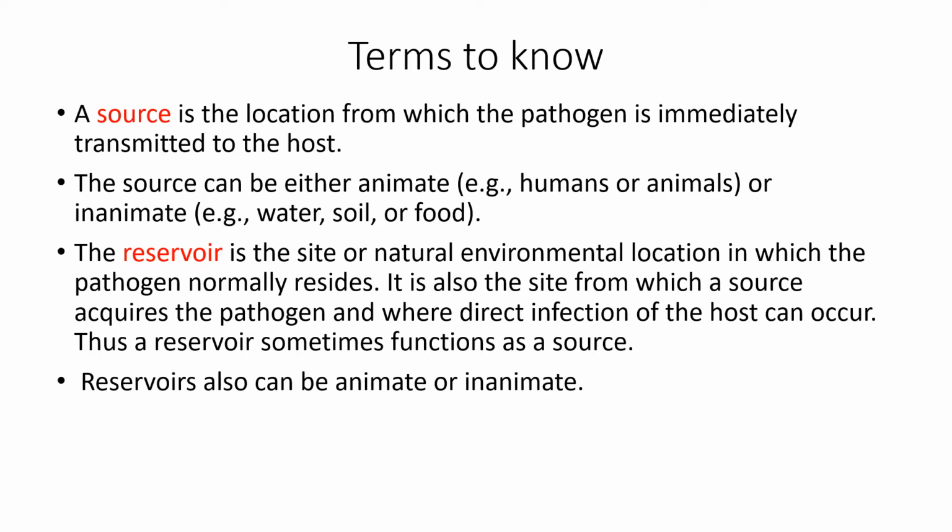So now the contaminated water is the source for hepatitis A virus. Can you make out the difference now? A source is a location from which the pathogen is immediately transmitted to the host, causing the disease, whereas a reservoir is the site in which the pathogen normally resides.